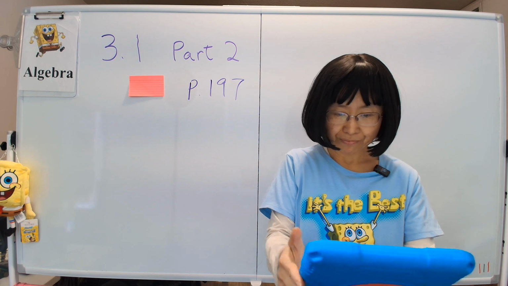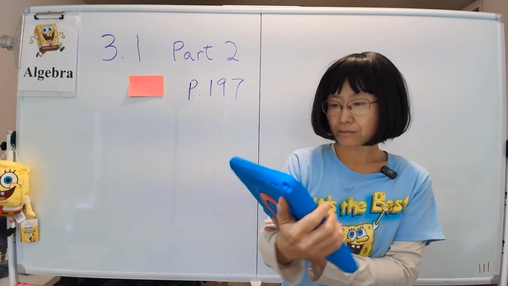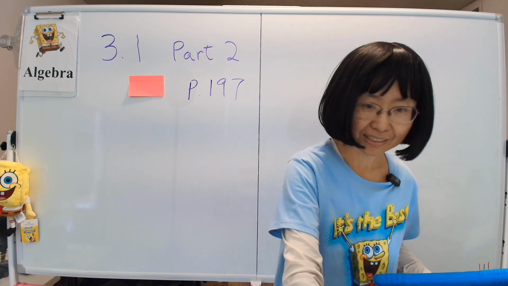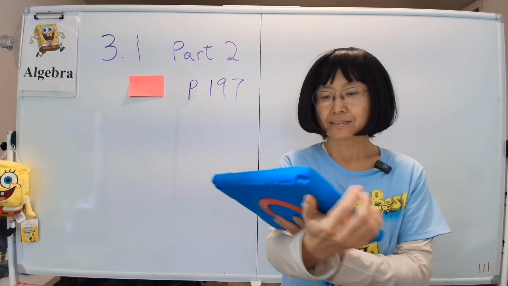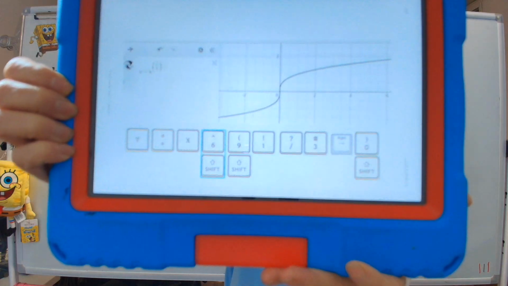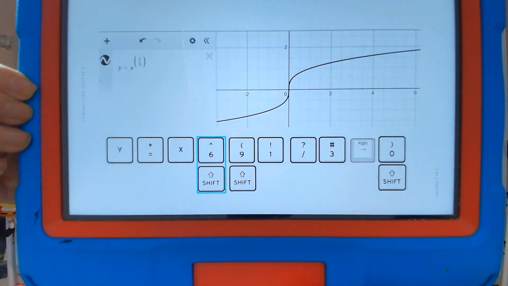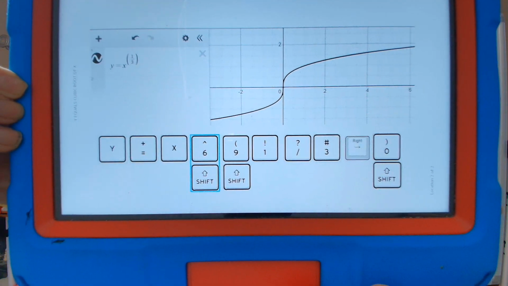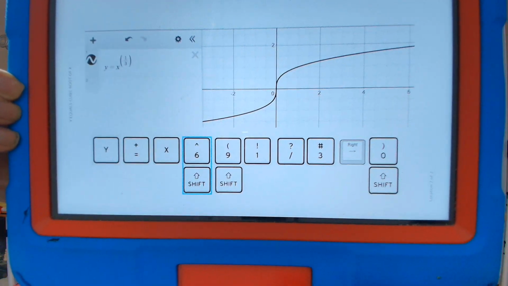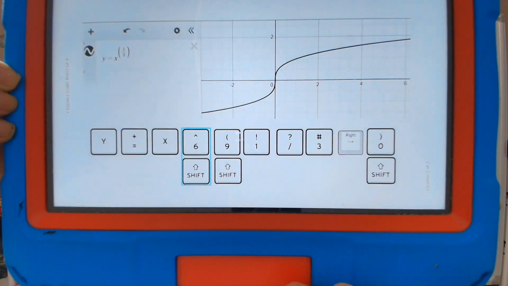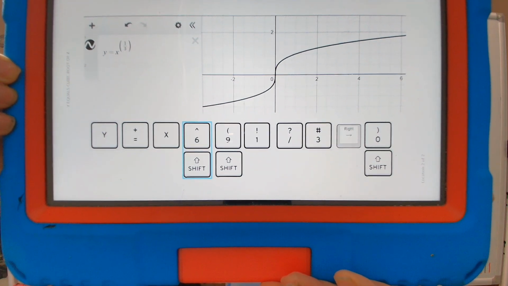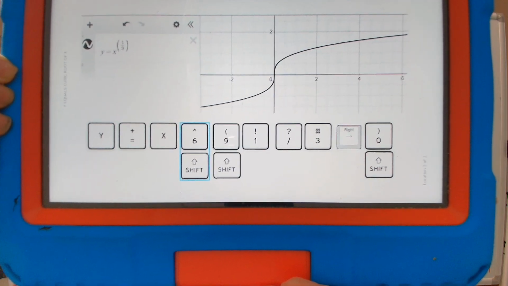First, I'll load it. This is the equation y equals x to the power 1/3, or the cube root. For any kind of exponent that's not just the square root, you have to type in the fraction.